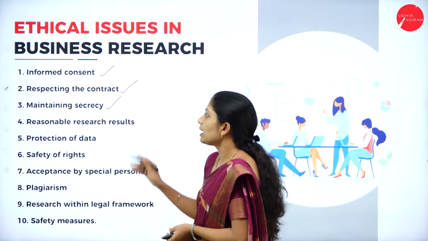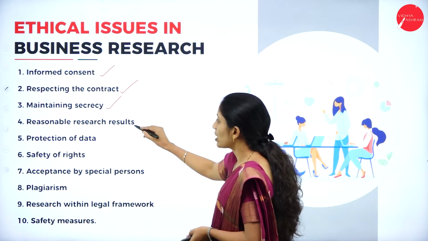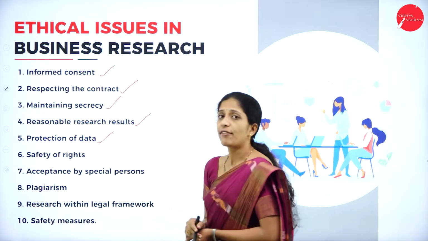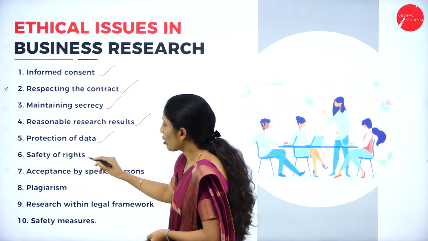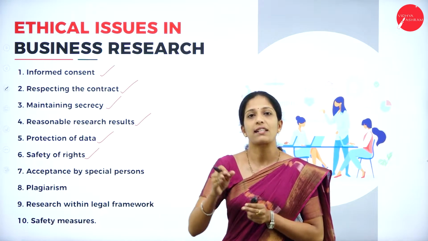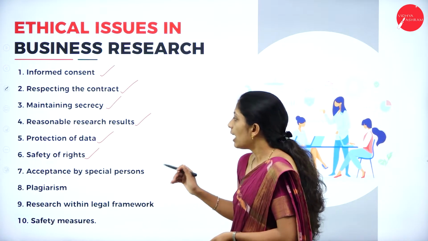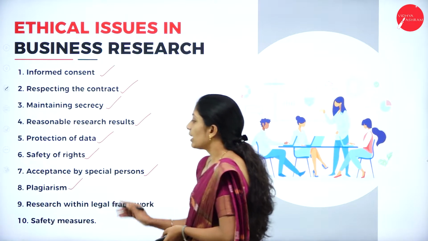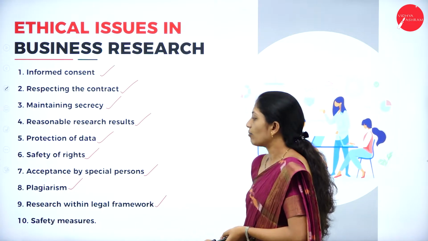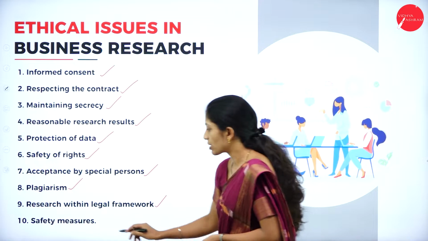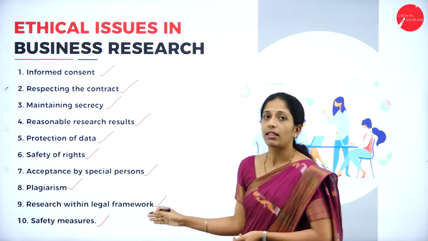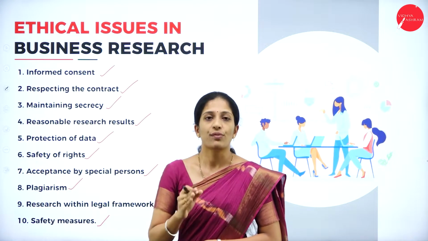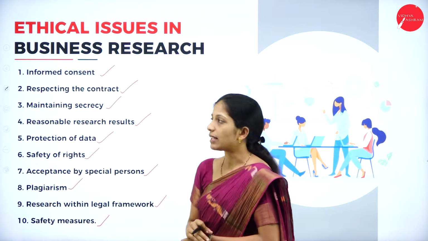Then maintaining secrecy, reasonable research results, protection of data, safety of rights of both the respondents as well as the researcher, acceptance by special persons, plagiarism, research within legal framework, and safety measures. These are the few ethical issues that have to be followed in business research. So we shall discuss them one by one in detail now.